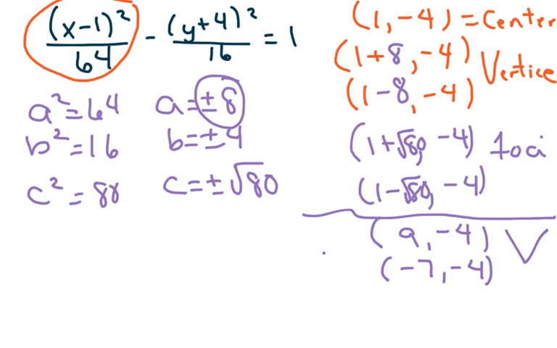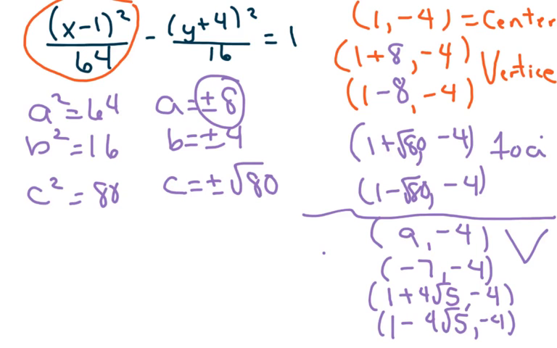And your foci, how do we divide this? Let's see. 16 times 5, right? So that would be 1 plus 4 root 5, -4, and 1 minus 4 root 5, -4. You need to know that when you have to simplify, but for a graph, we just need to know it's close to 9.